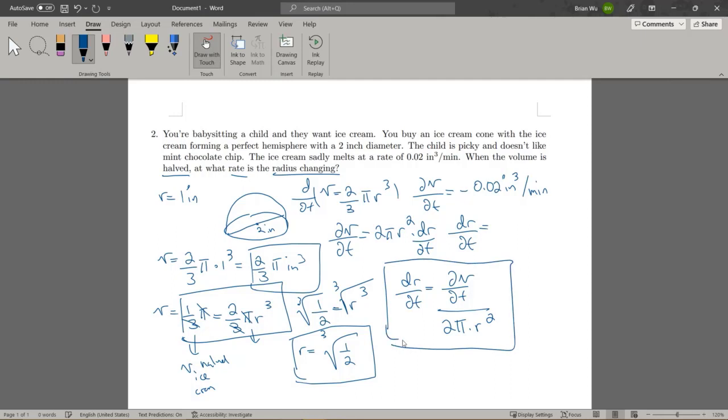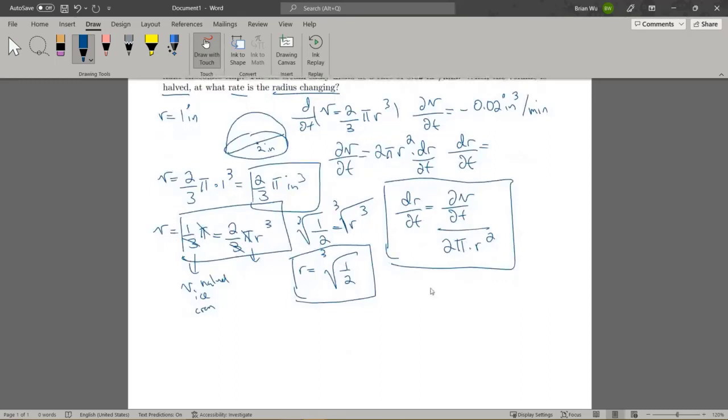All that's left to do is to plug and chug. We know that this is what we're looking for. We have our dV over dt, that's given. We have r squared, which is what we figured out here. So we're going to plug it in. We get negative 0.02 divided by 2 pi times r squared.